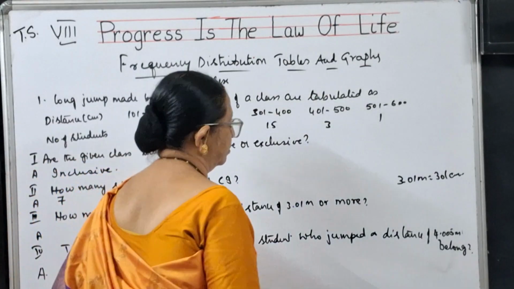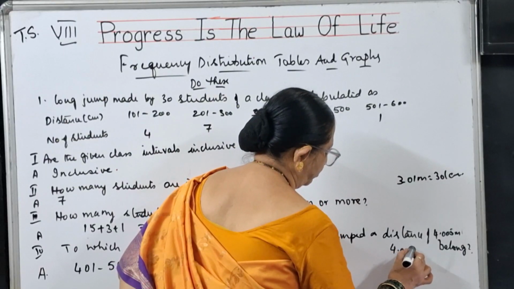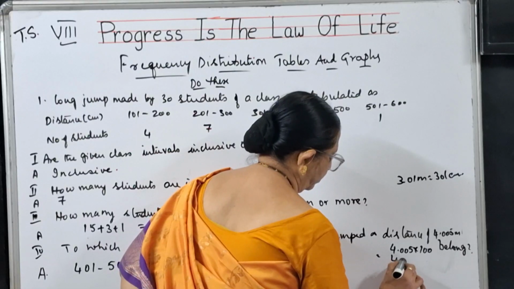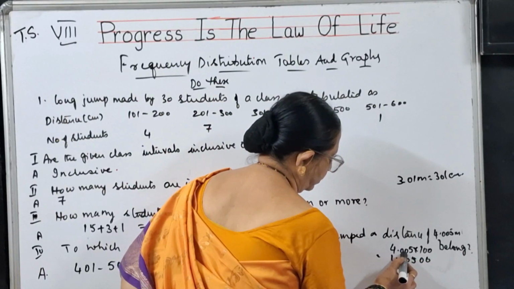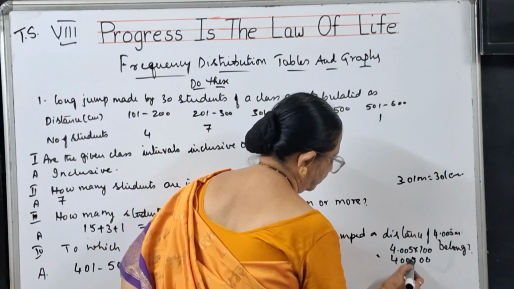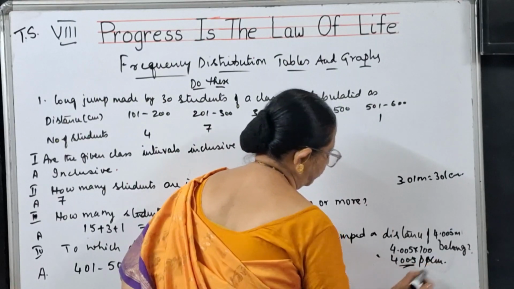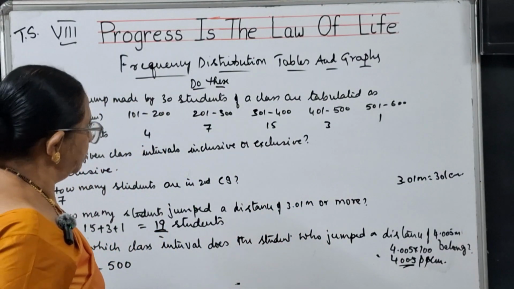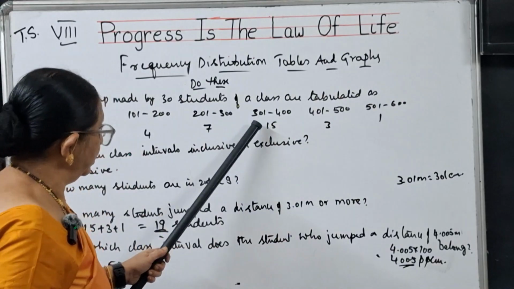4.005 meters into 100 if you do, how much are you getting? 400.5 centimeters. 400.5 centimeters will come where 400 is included here.